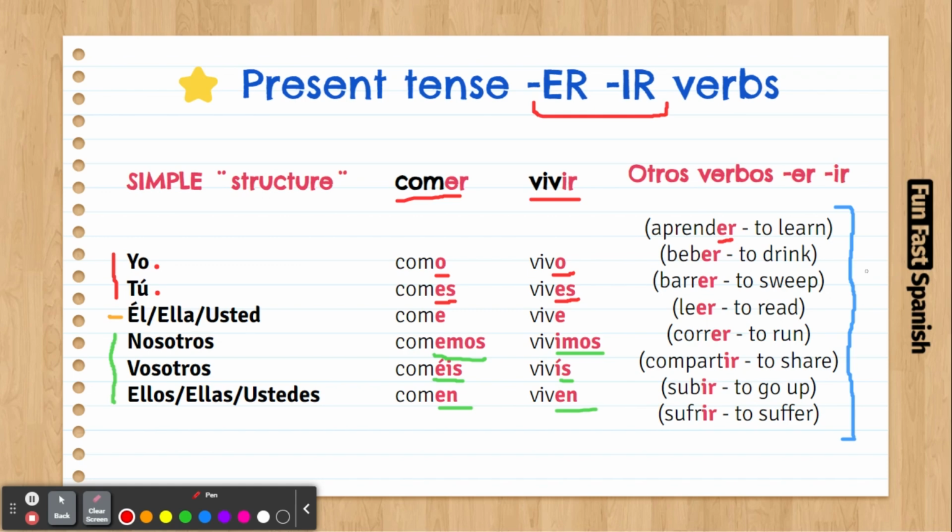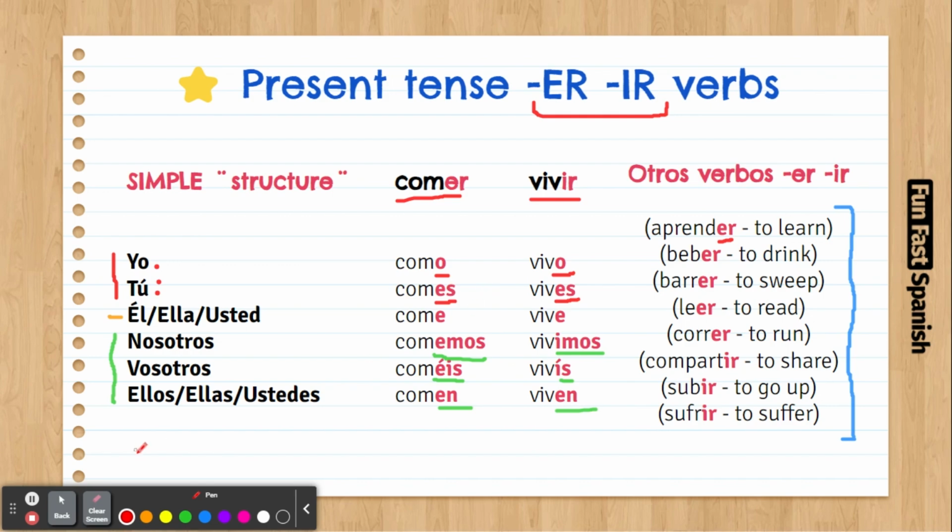Okay, the answer is tú lees. So tú lees. Why? Because I have to put this ending here, the s. And that's it.